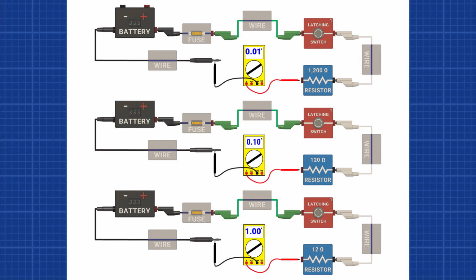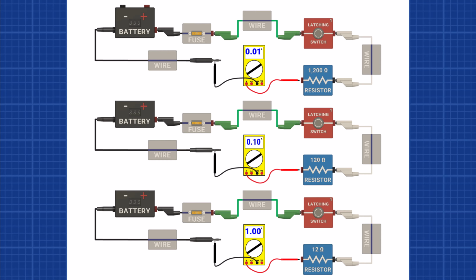In this lesson, we replace the LED with a fixed resistor to demonstrate how changes in resistance directly impact current. As we've seen, increasing resistance reduces current, while decreasing resistance allows more current to flow. These principles form the foundation of Ohm's law and are essential to understanding how circuits function.